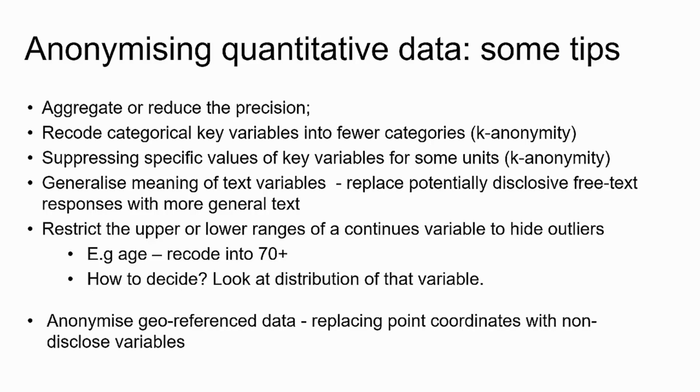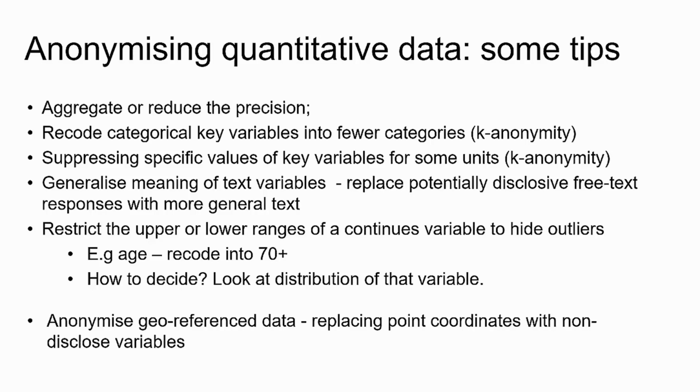Or if we have outliers, we need to decide where they are, and then restrict that upper or lower range. This is the same for income, right? We would want to band or restrict the upper range of the income variable as well.